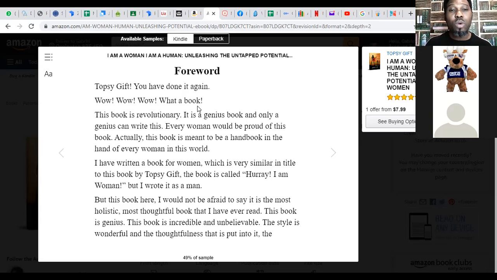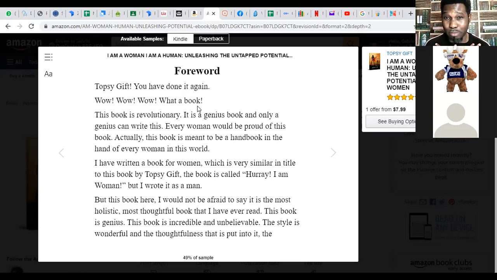Now, a foreword is just like a testimony of your book. Somebody testifying about your book, somebody validating your book. So a foreword is somebody validating your book, telling other people that this book is good. Now, you are the author.